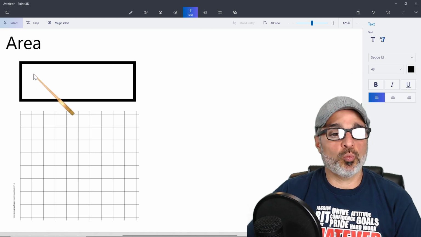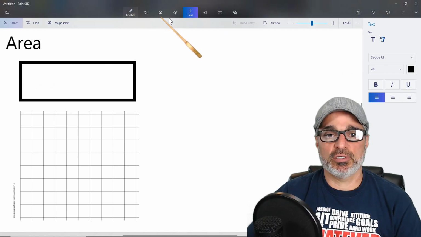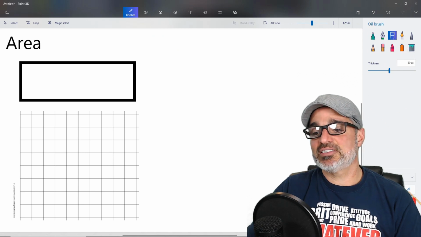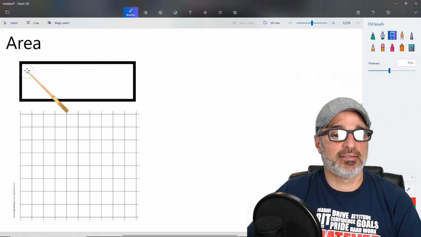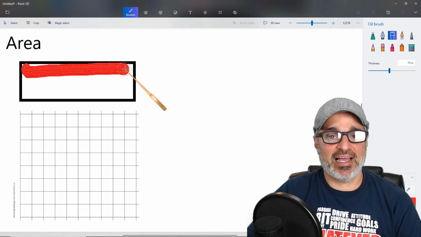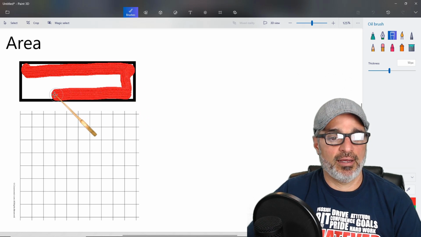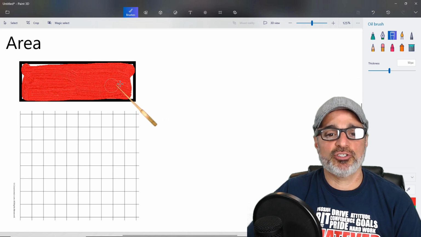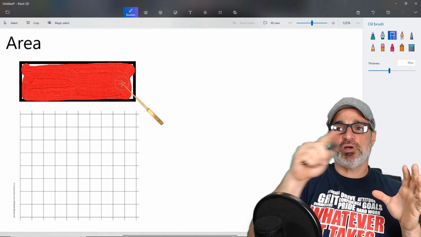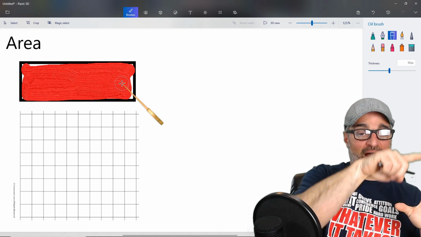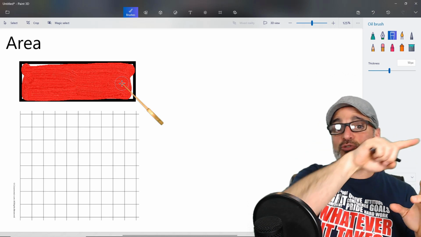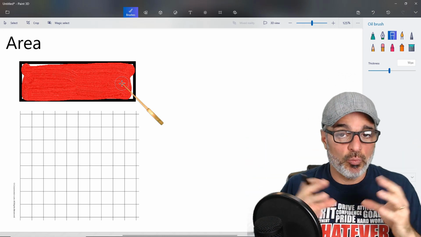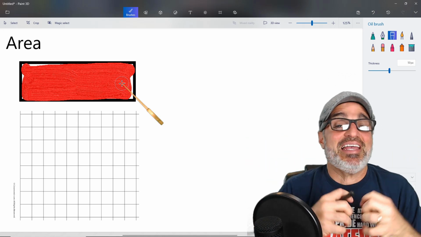For area, what we want to know is the space inside that rectangular shape. So we're not concerned with the measurements of the sides or the magnitude of the entire surrounding of the area. We want to know what's inside. We want to know how much space we have inside.